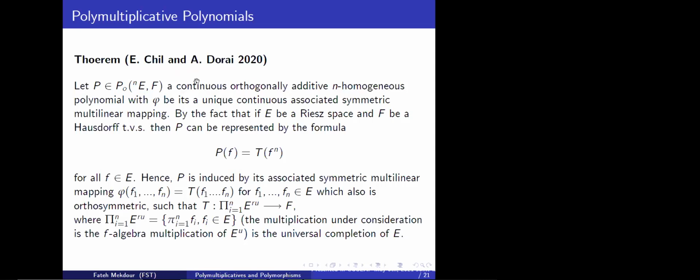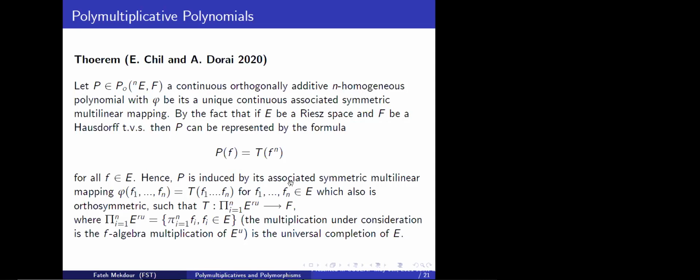And very recently, here is one of the newest theorems, due to Bu, Buskes and Abdurauf, who prove that, extending the last result for continuous orthogonally additive and homogeneous polynomials, with phi its unique continuous associated symmetric multilinear mapping, if E is a real vector space and F is a Hausdorff topological vector space, then P can be represented as the composite of a continuous linear operator T and the nth power function.